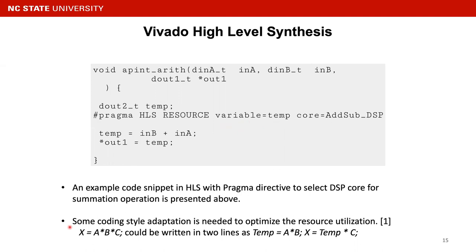Also, some of the coding style can be optimized for the HLS, like shown here, because writing this operation in 2 lines basically tells the HLS to just synthesize one multiplier and use that sequentially to save on resource utilization, compared with the first variant. Because for the first variant, the HLS will interpret it as needing to actually synthesize 2 multipliers.